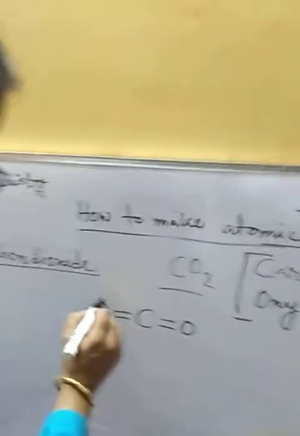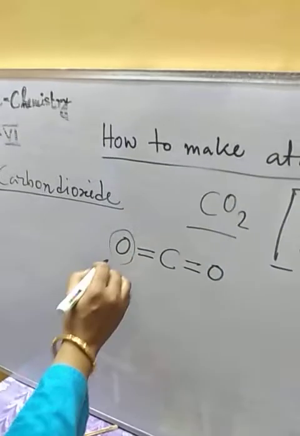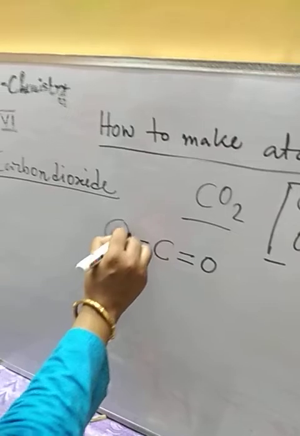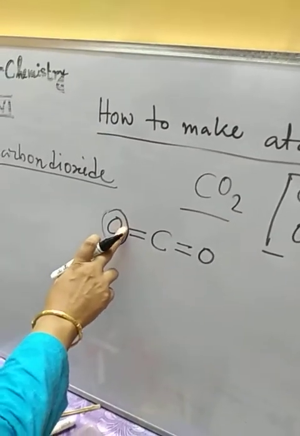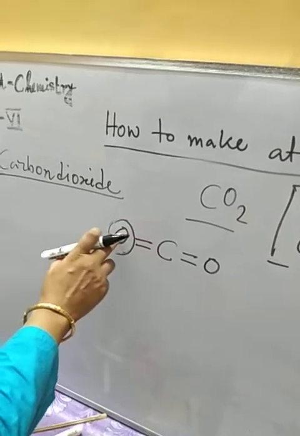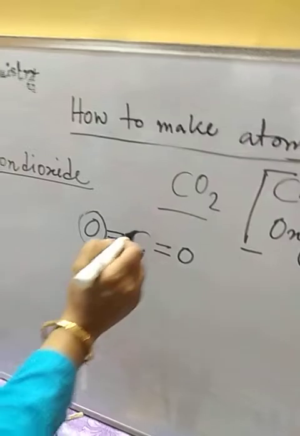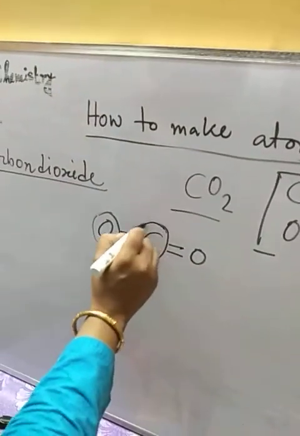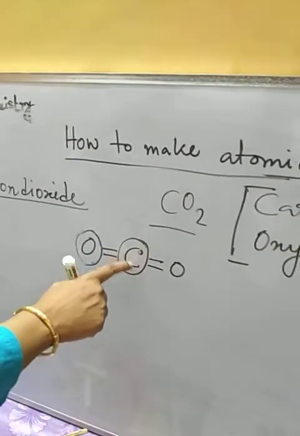So here also, suppose this is the paper ball, the red paper ball. For oxygen we have to use the red ball. On that you are making the symbol of oxygen. This is carbon, the black ball, and on that you have to make the symbol of carbon.